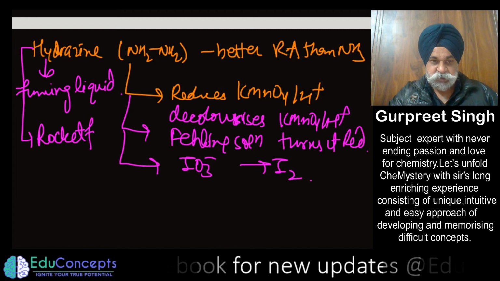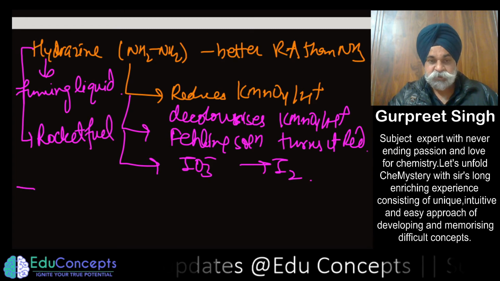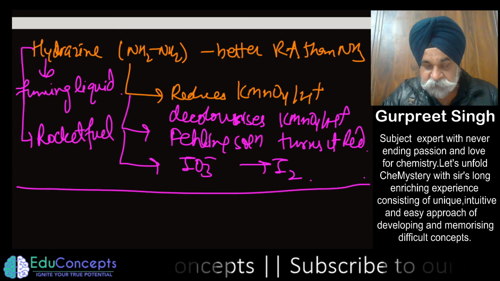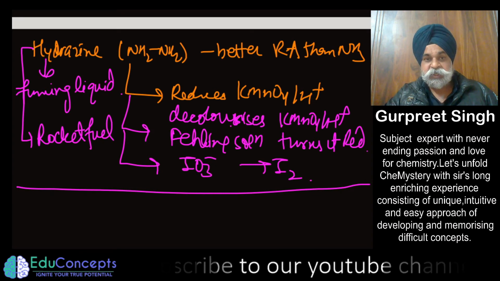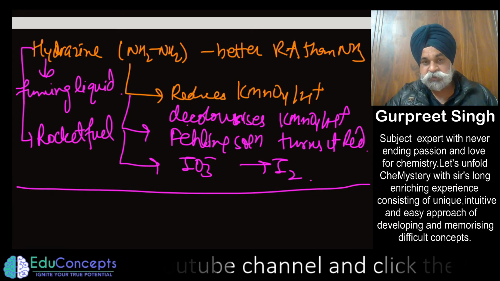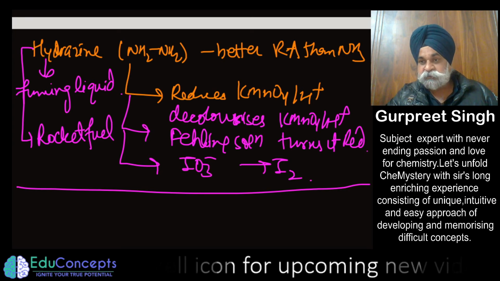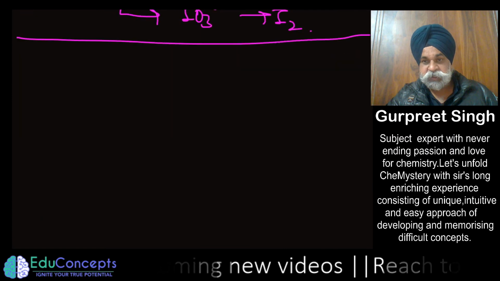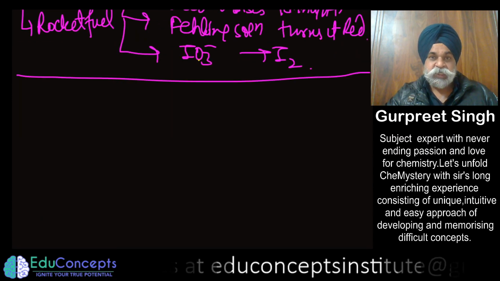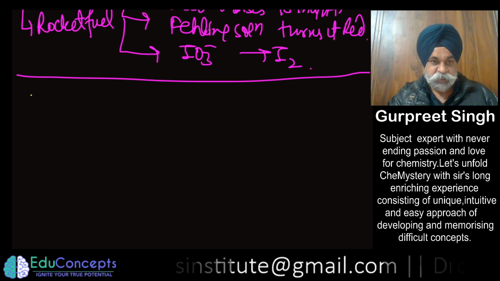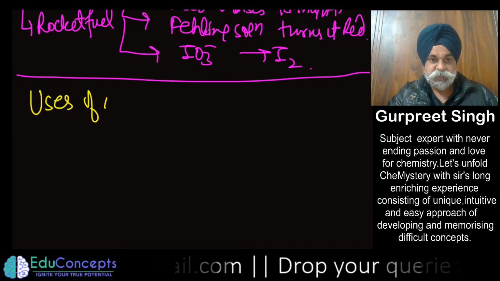This also you should add into your knowledge bank. So this is a bit of detail of hydrazine. Hydrazine in fact is popularly used to prepare nitrogen gas. For that you have to refer to the nitrogen video, where hydrazine is discussed in good detail. So now we are left with one last topic, that of the uses of ammonia.